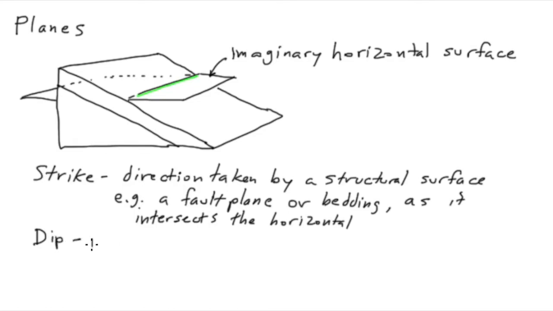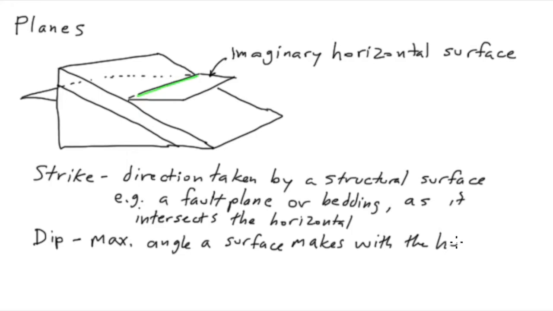The dip is the maximum angle a surface makes with the horizontal, measured downward.